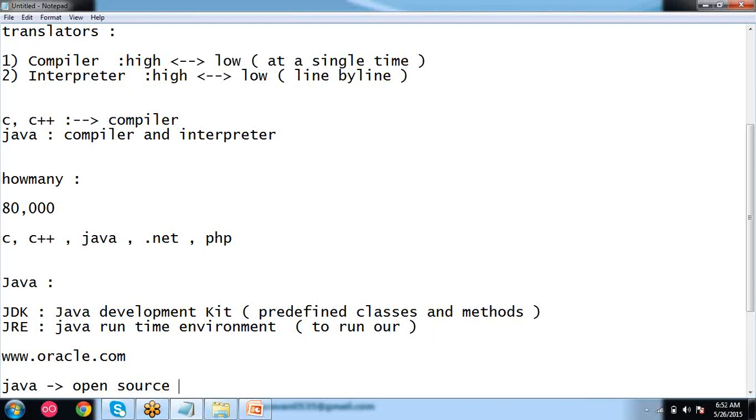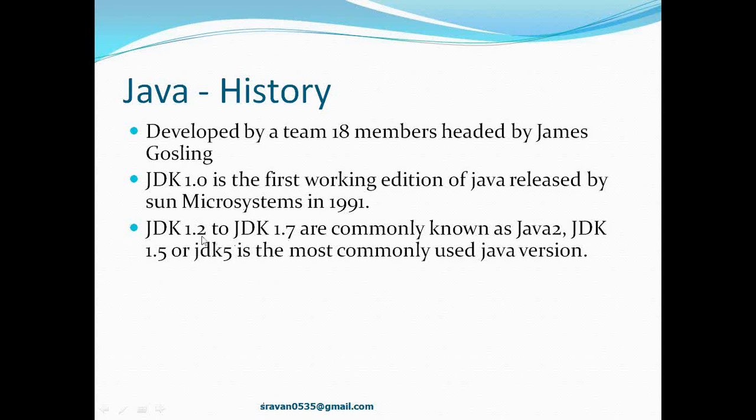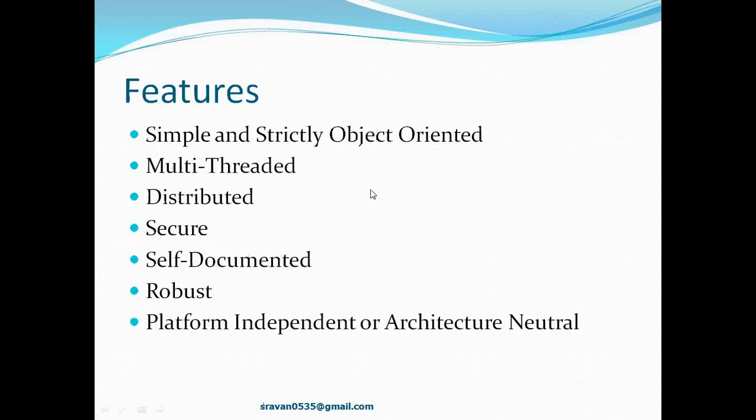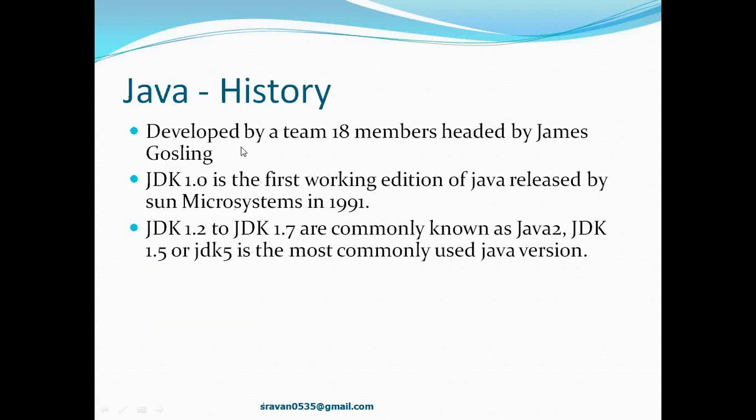Next, originally Java was developed under Sun Microsystems. Did I mention that anywhere here? No. It was developed by 18 members, headed by James Gosling. The first version, 1.0, is the first working edition of Java, released by Sun Microsystems in the year 1991. Next, JDK 1.2 to 1.7 are commonly known as Java 2. 1.0 is called Java 1.